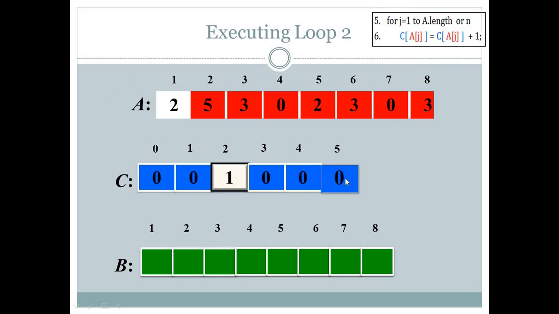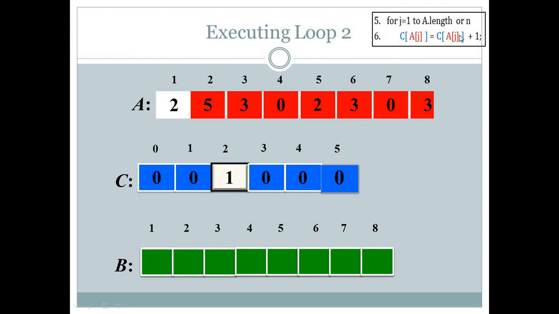Let's move to the next loop, the execution of loop number 2. Here we will start from j equal to 1 up to our length. We have length 8, so j is equal to 1 to 8. The procedure is C[A[j]].